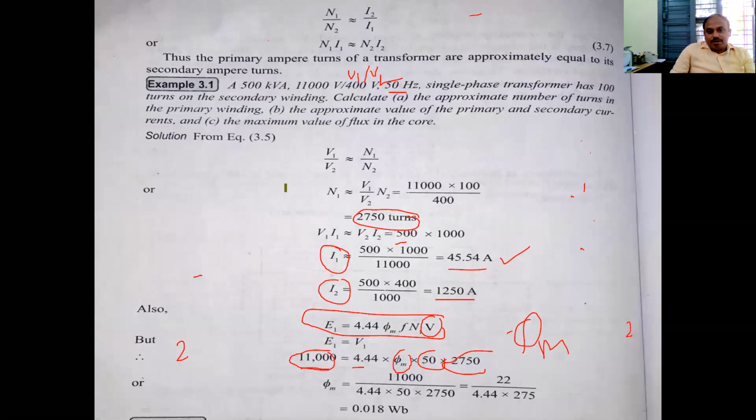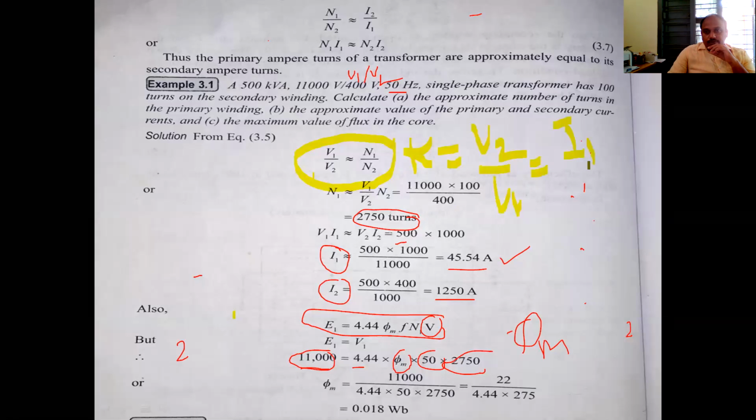See the voltage and current relations. K equals V2 by V1, which equals I1 by I2, which equals N2 by N1.